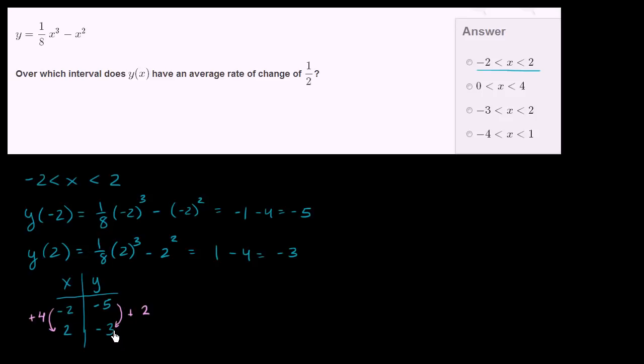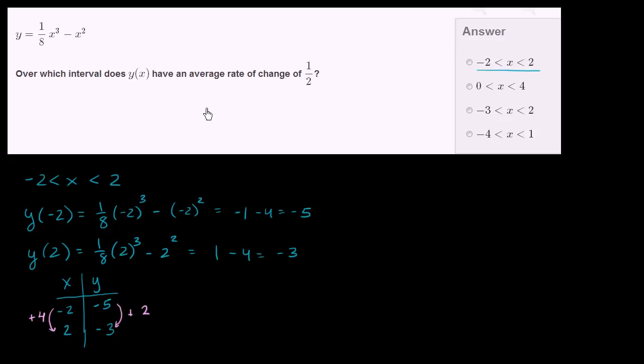Or you could say, hey, -3 minus -5 is +2. That's the difference between -3 and -5. If you said 2 minus -2, that gives you, once again, the difference. It would give you +4. But if you look at it here, it's clear that when x increased by 4, y increased by 2.